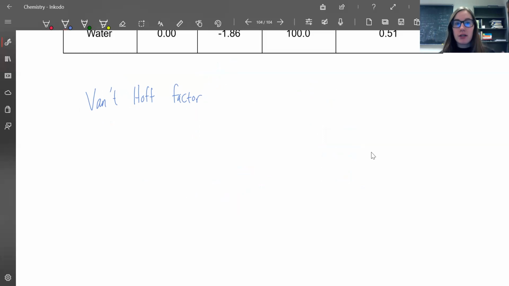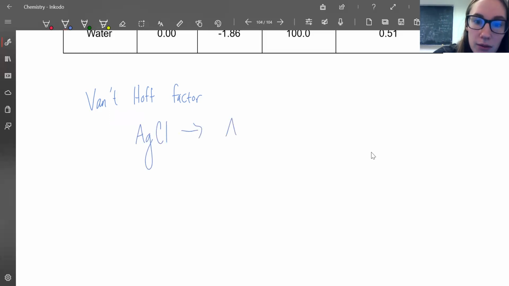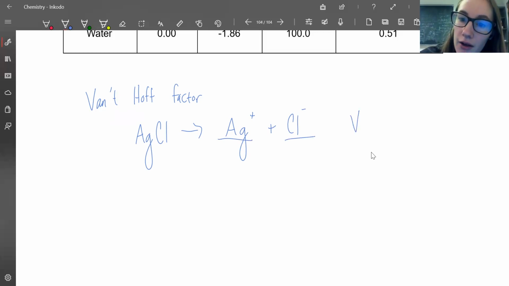All the Van Hoff factor is when you put a substance in water, how many things are you going to get out of it? So for example, we said that AgCl, when you put it in water, it becomes Ag plus and Cl minus. So how many things do we get? We got 1, 2 things. This would have a Van Hoff factor of 2.